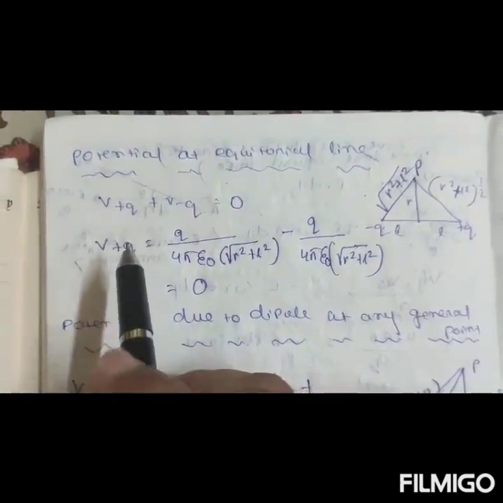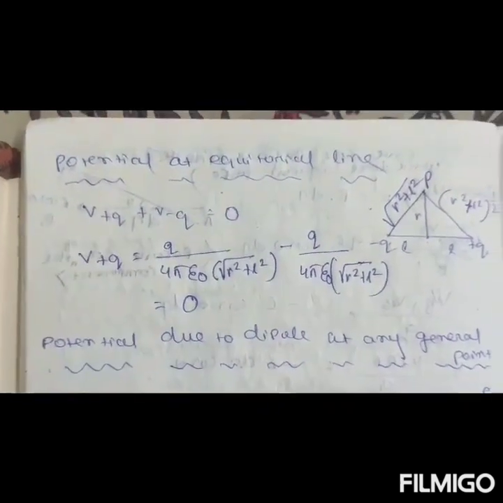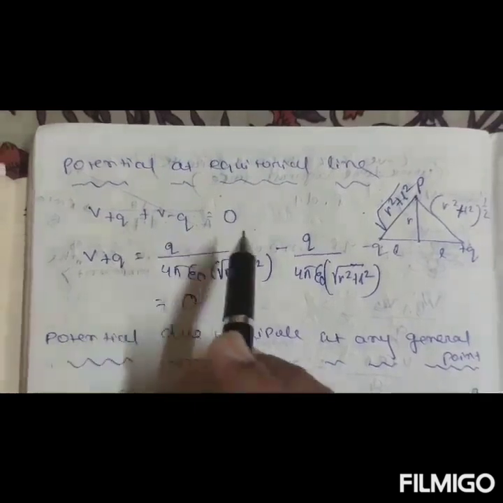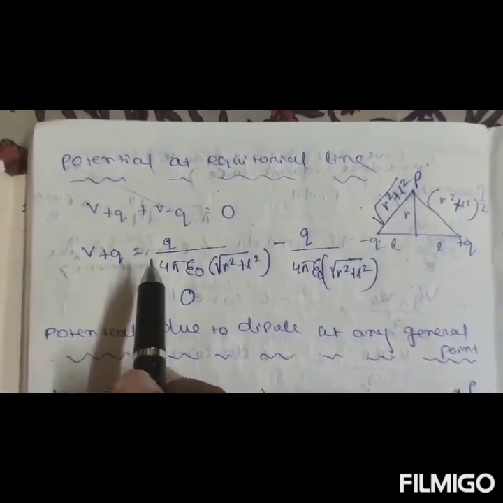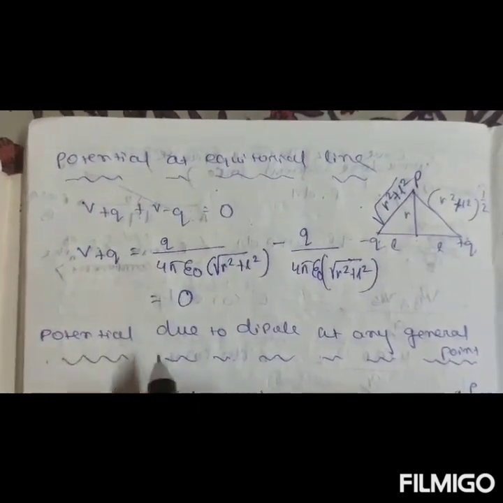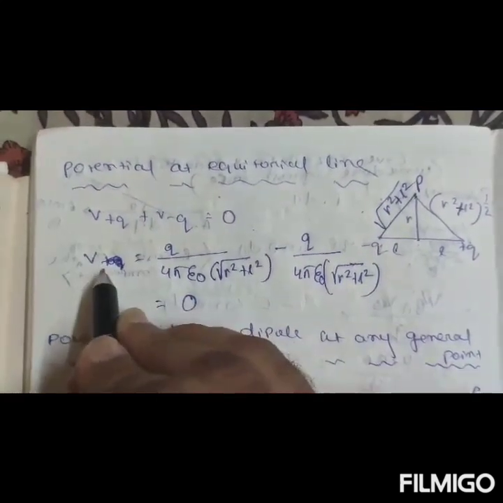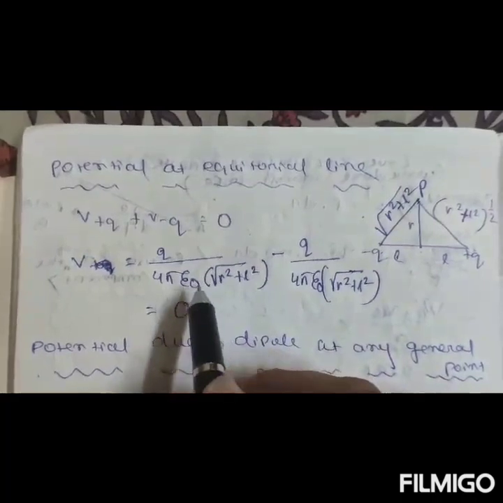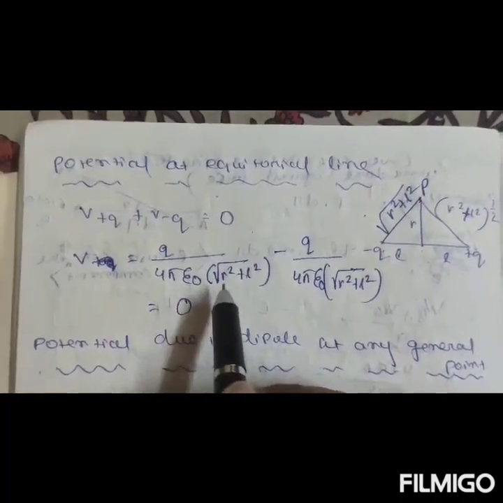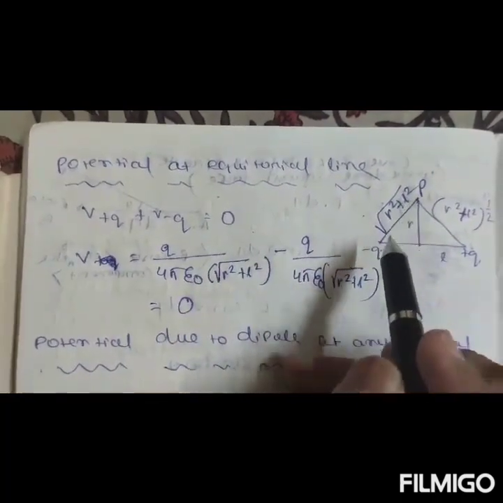Now, what should be the addition of the potentials? V plus Q is Q by 4 pi epsilon naught root over of R square plus L square.